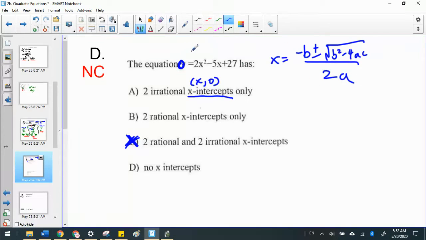Remember, before you plug in, that it's extremely important for you to list out what a, b, and c are. It is super easy to make a mistake when you don't copy the numbers down, so be sure to do that. And what we get to do now is I get to fill everything in. But I am going to show you that I am really only interested in filling in what's inside the radical here.